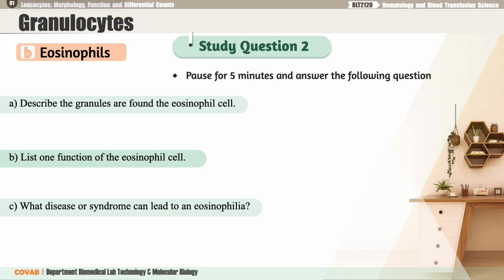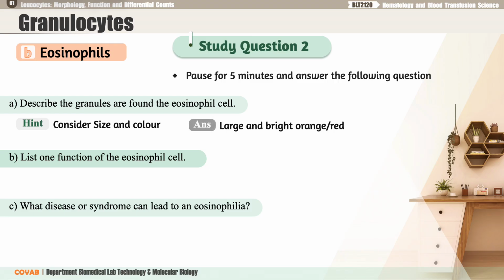A. Describe the granules found in an eosinophil cell. Hint would be the color and size. B. List the function of the eosinophil cell. C. What disease syndrome can lead to an eosinophilia or an increase in numbers of eosinophils circulating in the bloodstream?